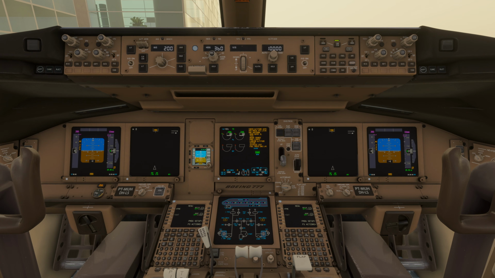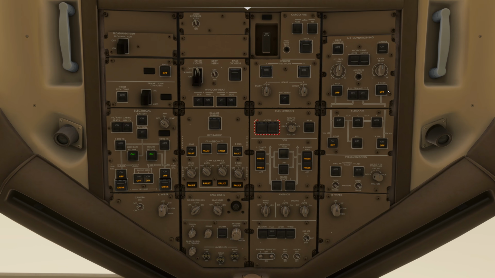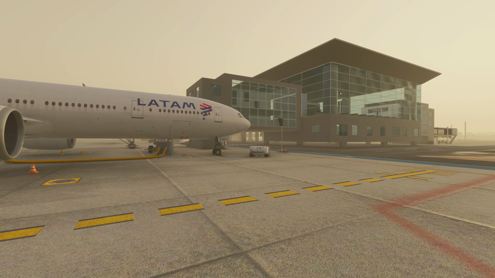Because we have air conditioning connected to this airplane, we have cockpit temperature at 24 and the cabin temperature today between 23 and 21 degrees. This is achieved by the air conditioning unit that is connected to the airplane, even though, by procedure, packs are off, because you are not using the air conditioning from the airplane, you are using the external air conditioning that is connected to the airplane.